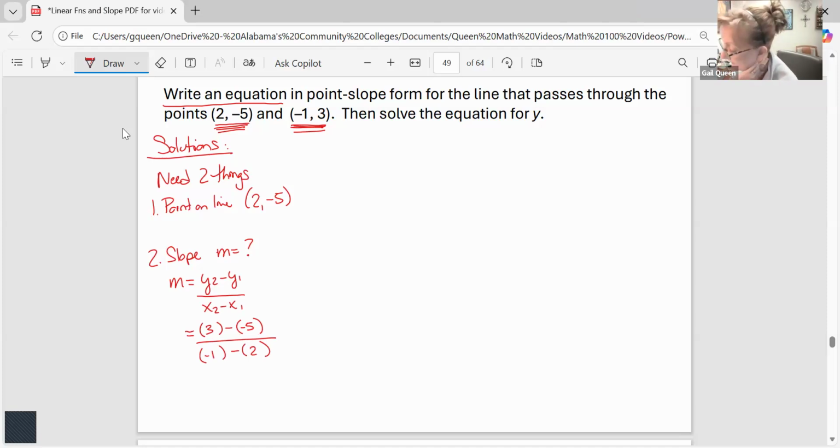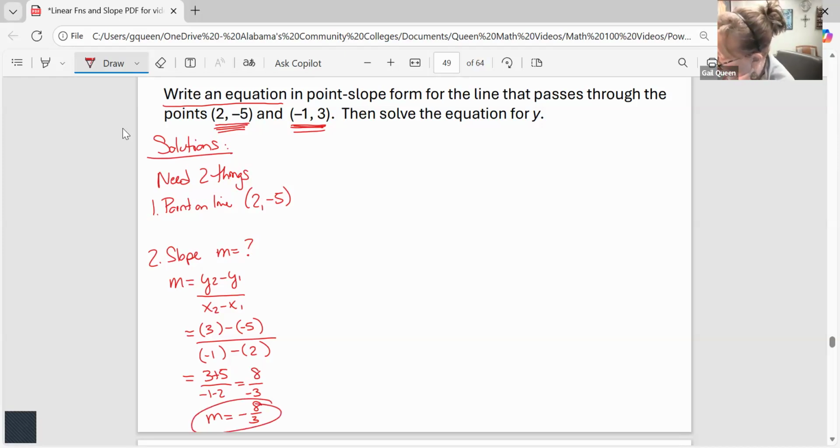So plugging in the points, now we're going to calculate. I'll have 3 plus 5 on the top, double negative there turns into a positive, and -1 minus 2 on the bottom. This will be 8 over -3. So my slope is -8/3.